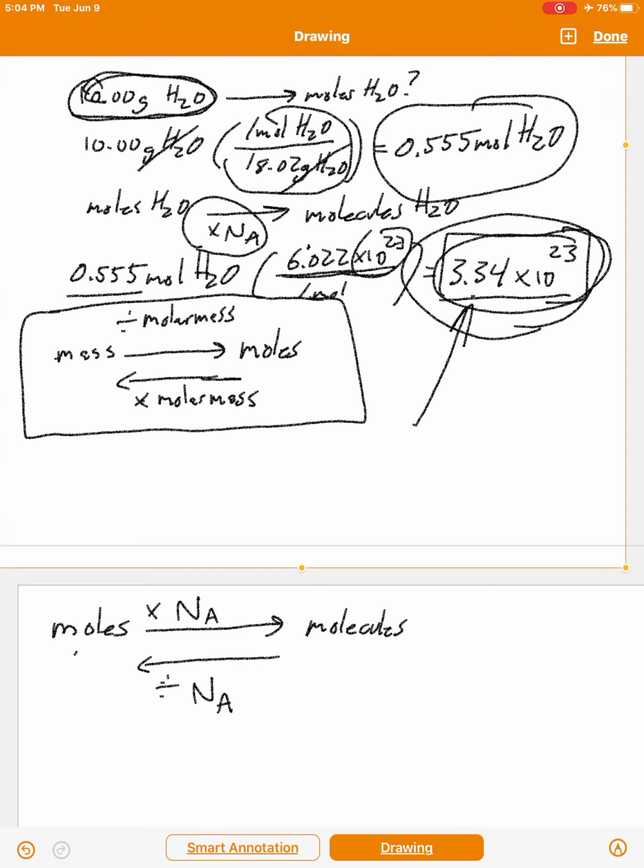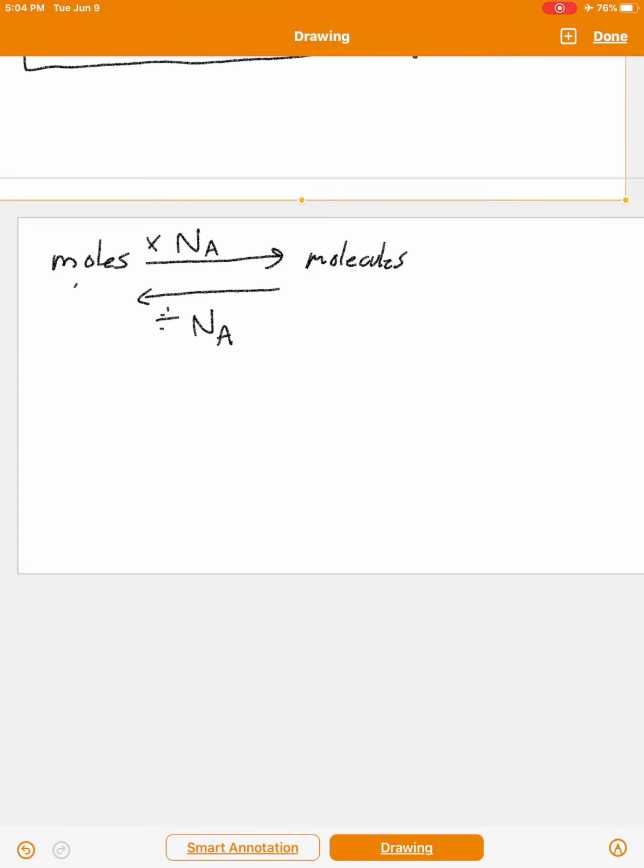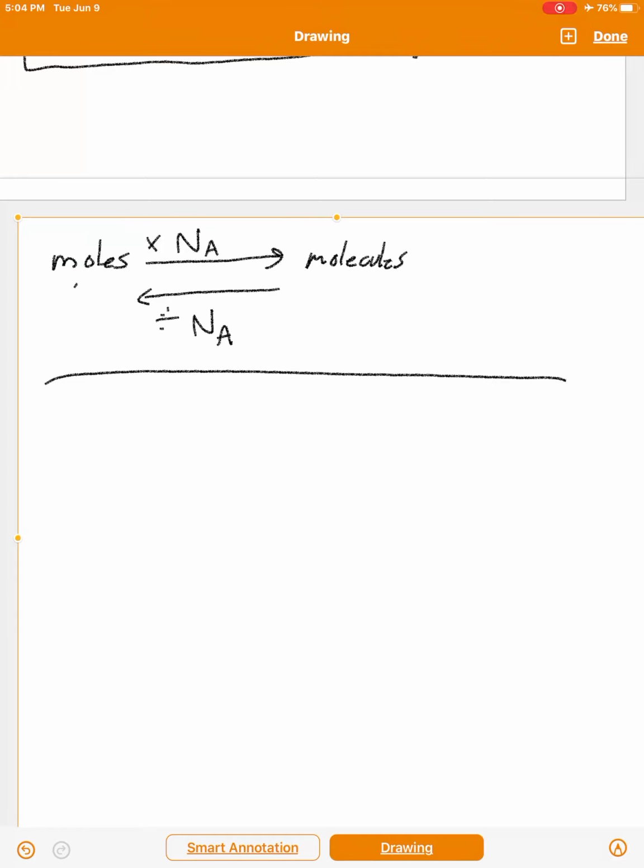Now there's one kind of tossed-in little topic in this section. It's really a small topic, and they give you a sample problem to work on it, sample problem 3.8. But it's this issue of the empirical formula. The empirical formula is something that you want to look into.